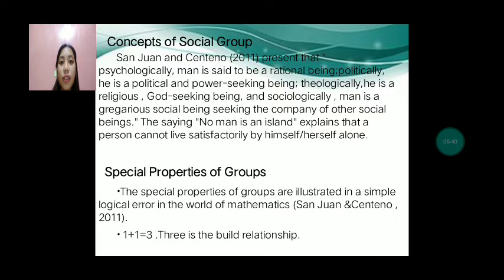A boy and a girl produce a new relationship and build another relationship with each other. What makes it 3 is what the two build, and that is the relationship. So 1 plus 1, girl and boy, is equal to relationship.